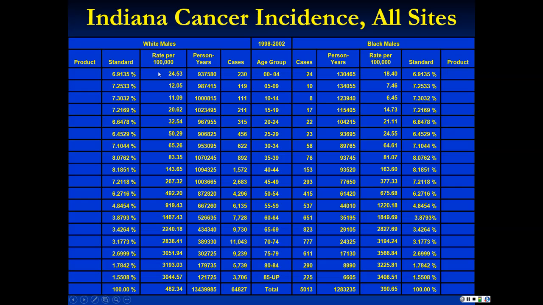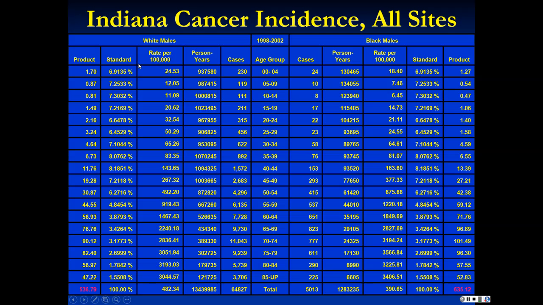And we're going to multiply these age-specific rates by the corresponding percentage in the standard population to get these product terms that go out in these columns on the far right and the far left, and we're going to add up those product terms to get a sum at the bottom. And this is our weighted average. This is our age-adjusted rate.